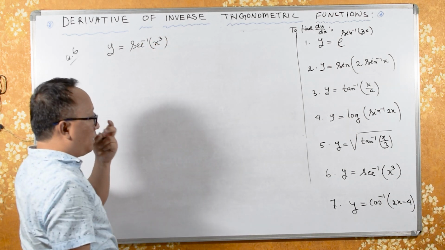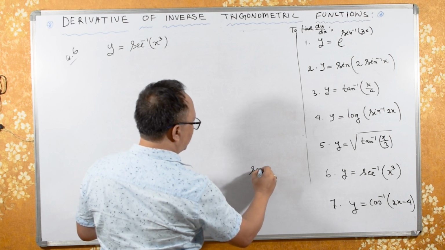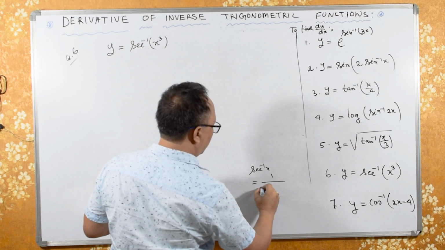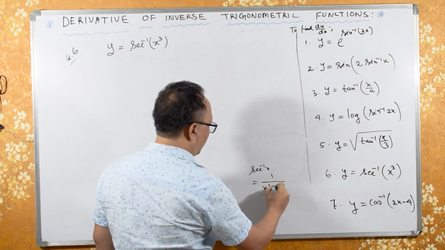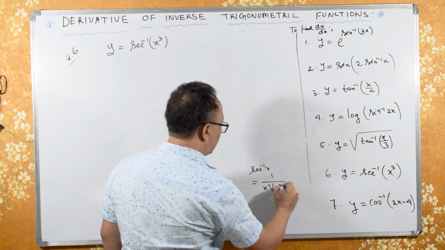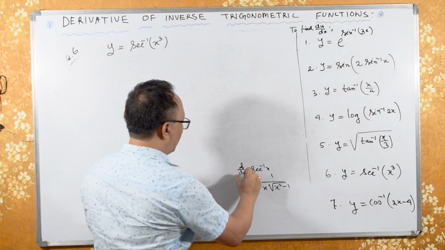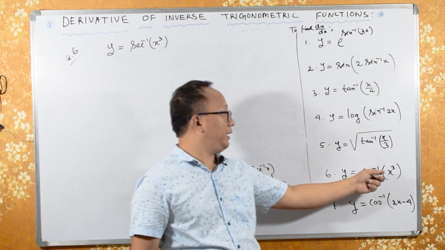Remember d by dx of sec inverse x is 1 upon mod of x, x square root of x square minus 1. This is a formula. Okay, differentiation of d by dx of this is equals to this. Instead of x, what we have is x cube.